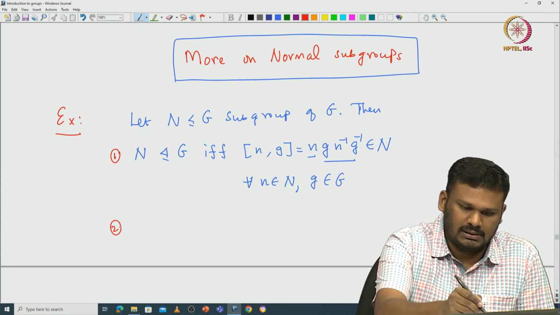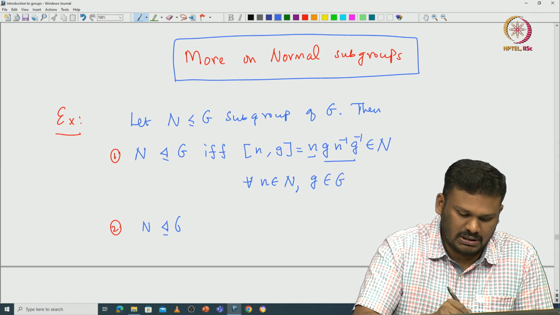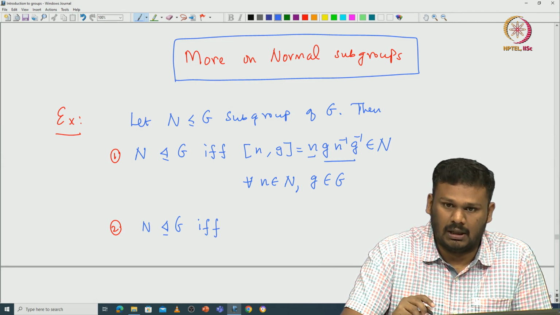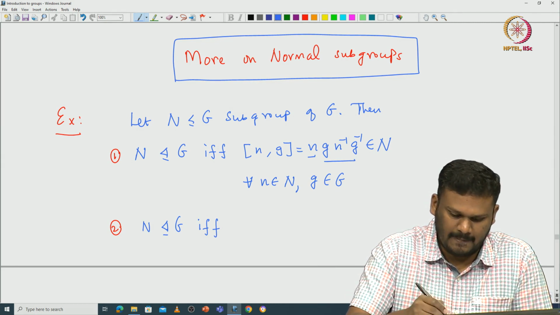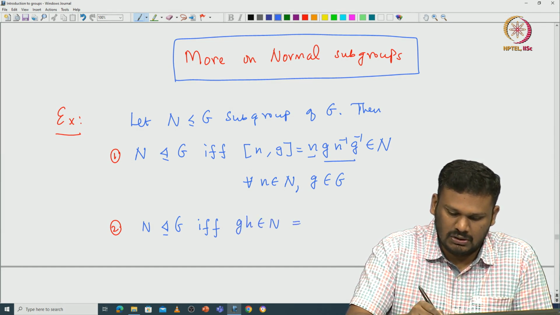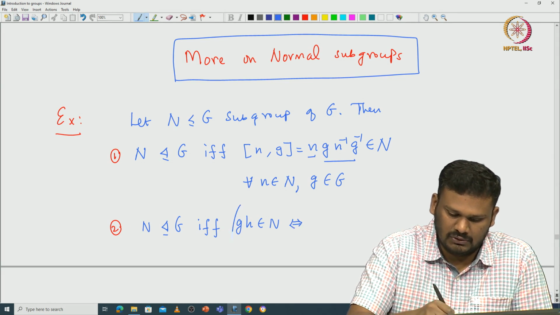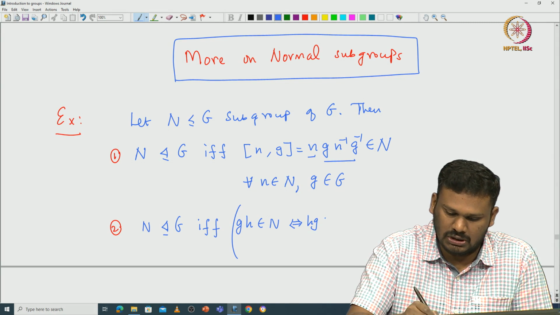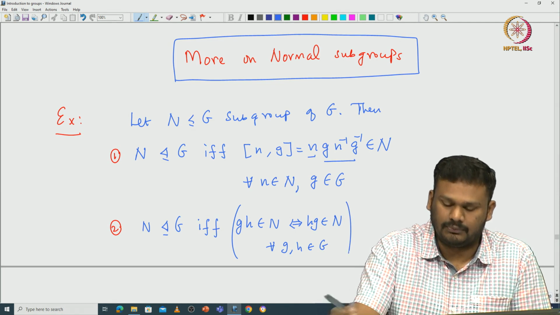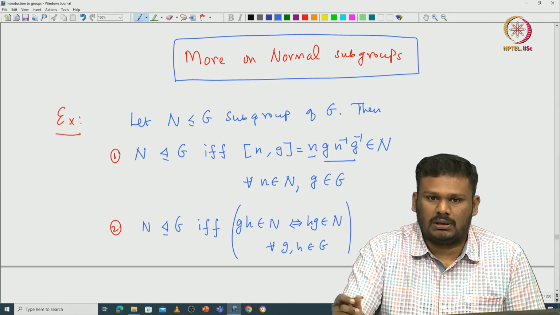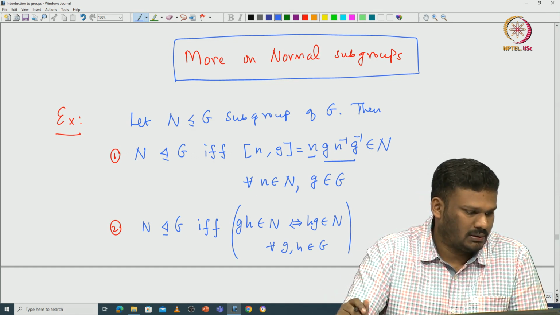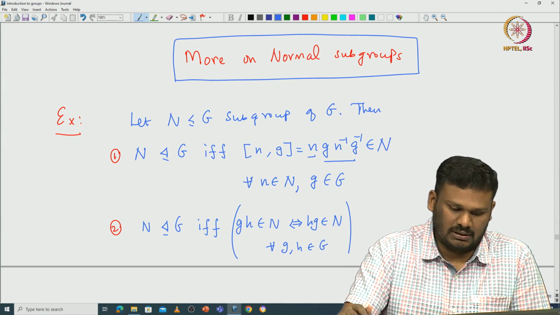The second exercise again gives a characterization of normal subgroups in terms of the commutativity of two elements up to the subgroup N. That means if gh is in capital N, then we should have, if and only if, hg should be in capital N, and this should be true for all g, h in capital G. Whenever the product of these two elements is in capital N, the reverse product should also be in capital N. This is something I will leave to you to check.